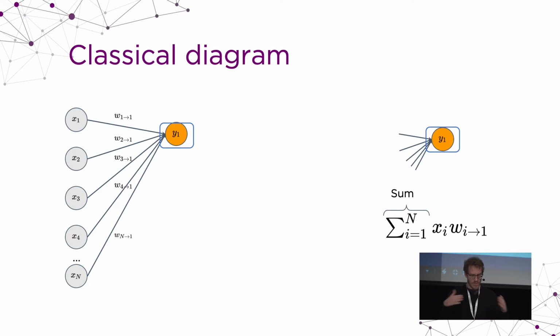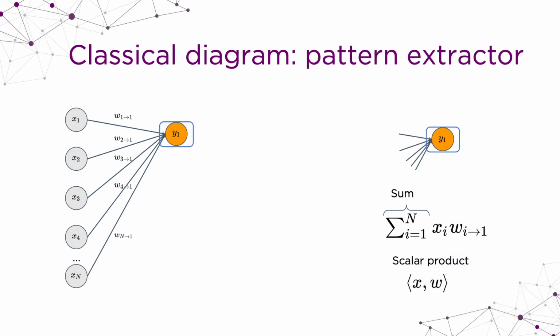Here I have multiple connections going into this neuron, and it means that I'm summing the product of all the connections with the input. So it's the sum over the product of all these parameters with all the inputs here. And this is a scalar product. This is exactly the definition of a scalar product.